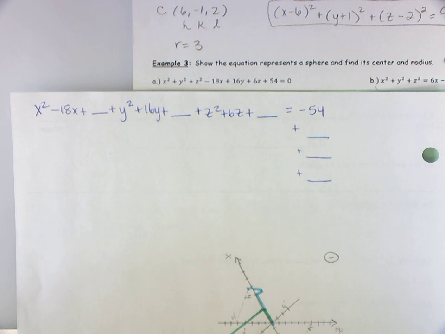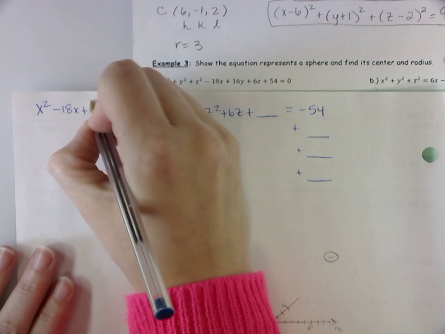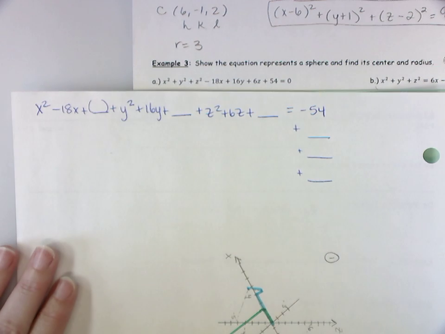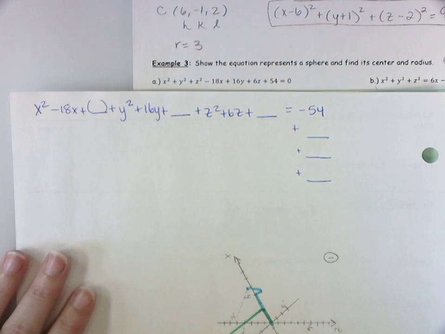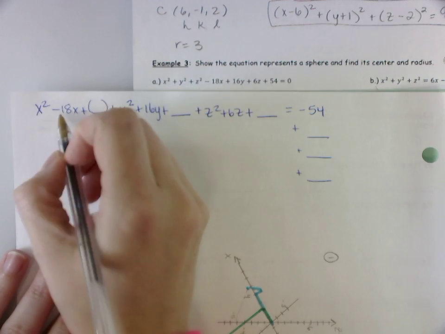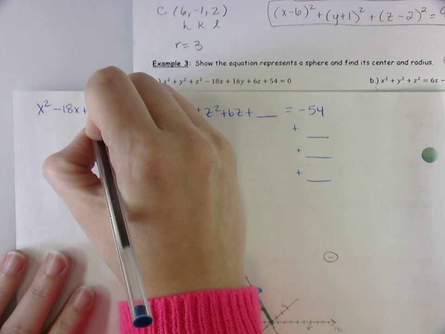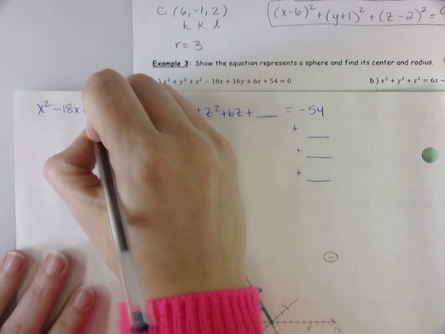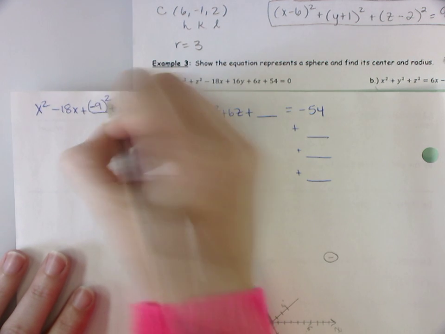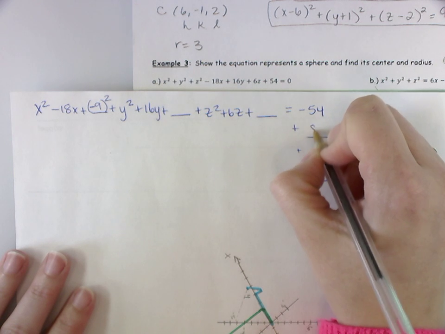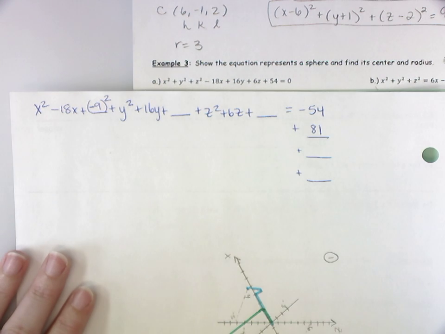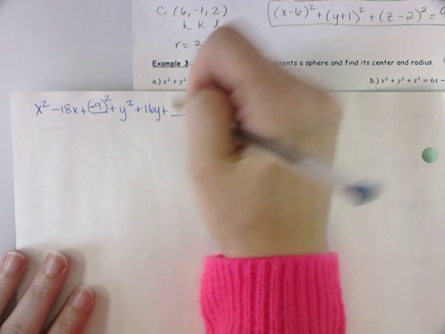Okay, so Anuva, can you tell me how you fill in this blank space to complete the square here? Okay, good. So negative 18 over 2 would be? Yep. And then what's negative 9 squared, everybody? Okay, good. So then we're going to add 81.